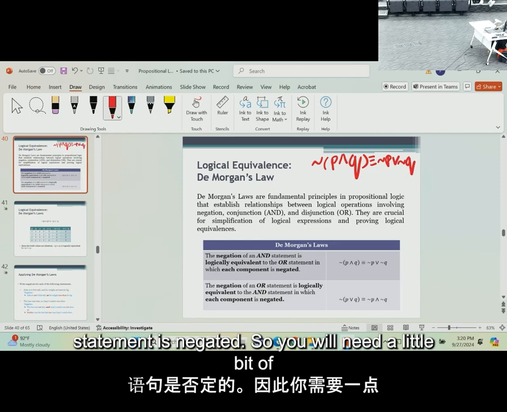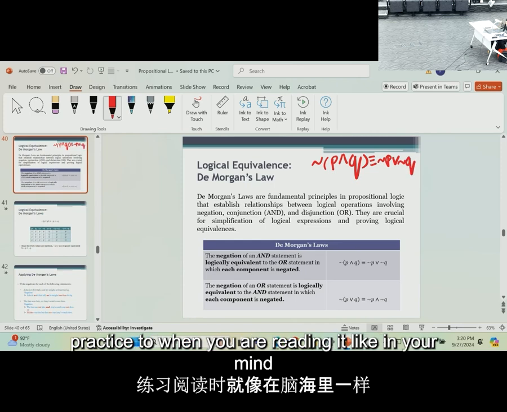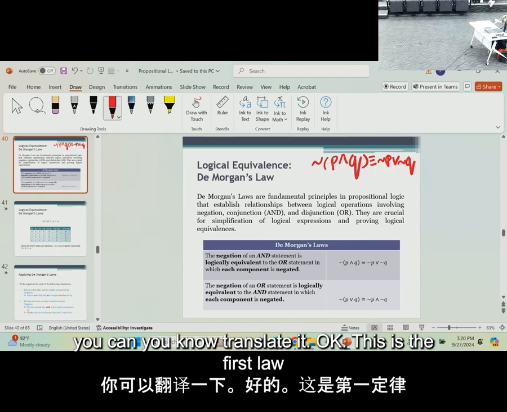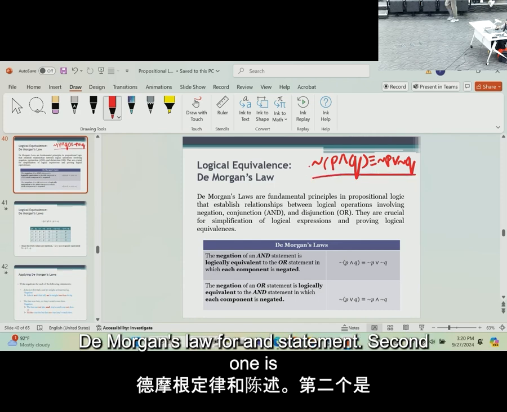You will need a little bit of practice so that when you are reading it, you can translate it in your mind. Okay, this is the first law, De Morgan's law for the AND statement.